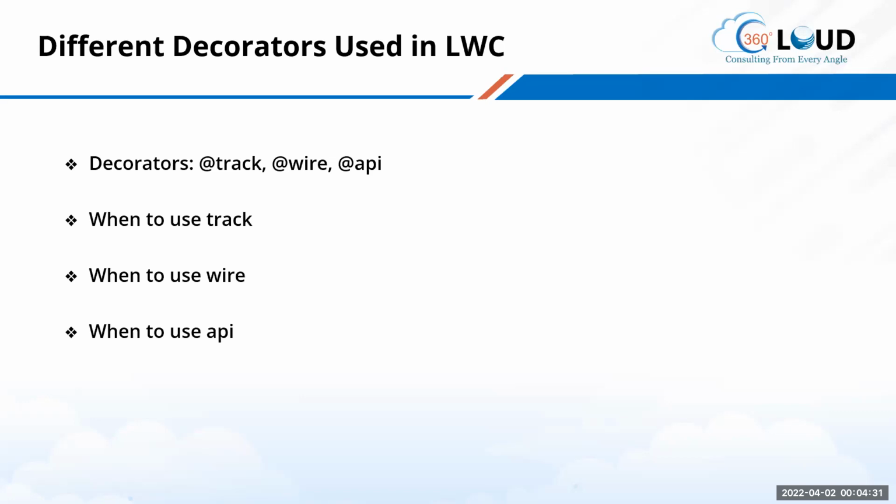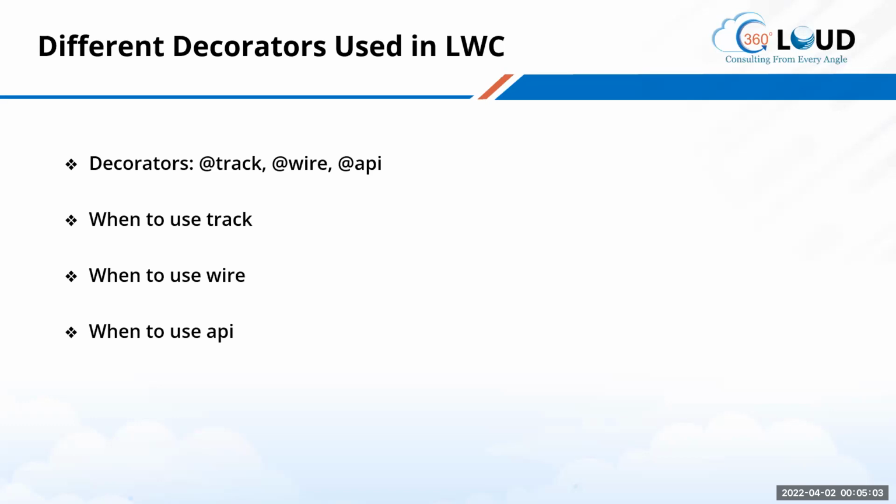Otherwise we can skip it and use the same general scope variables, and we don't have to mention any particular data type before the variable. And when to use wire: when we want to access Salesforce data in our LWC component, we have to use wire.